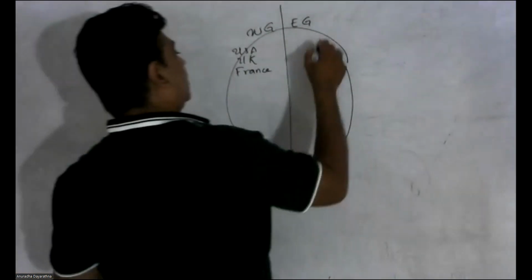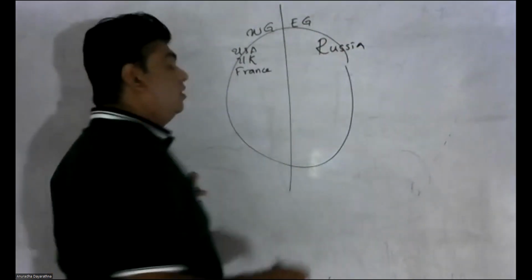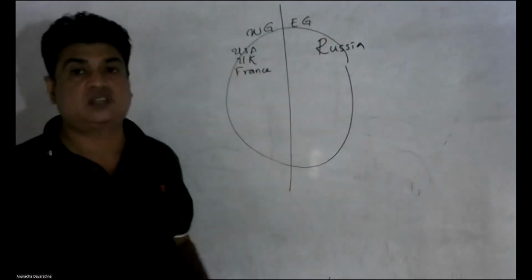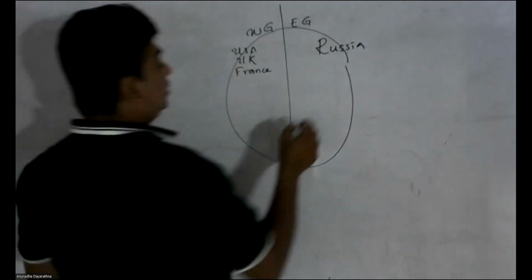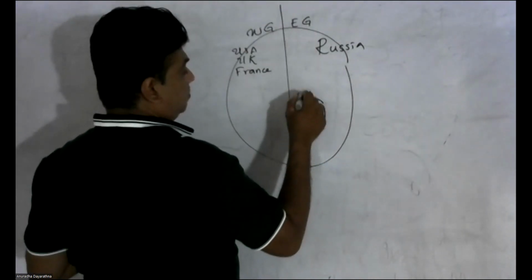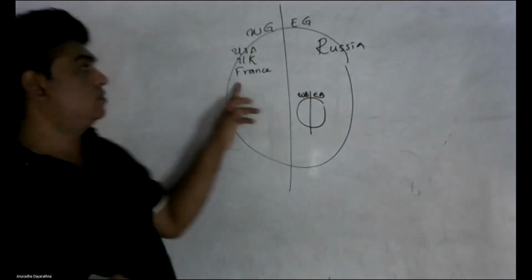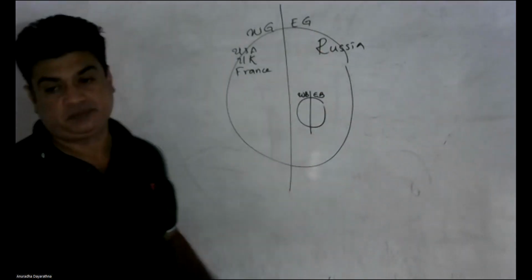And Russia had taken the Eastern Germany side and implemented socialist economic policies. Berlin, the capital, was on the side of Eastern Germany. This is Western Berlin, Eastern Berlin. Western Berlin was controlled by this group, Eastern Berlin by Russia.